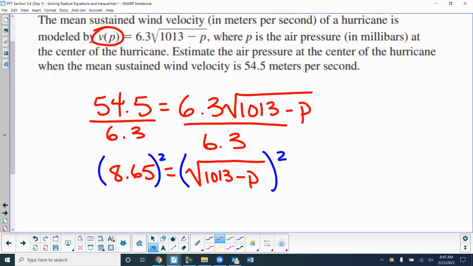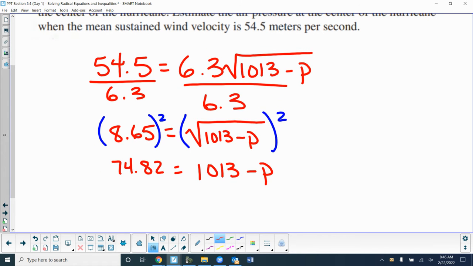So we get 1013 minus P. What's 8.65 squared? 74. Did you get it? Yeah. Thank you. I knew it was in the mid-70s. Okay, so what do we do now? You subtract. Right, subtract the 1013.